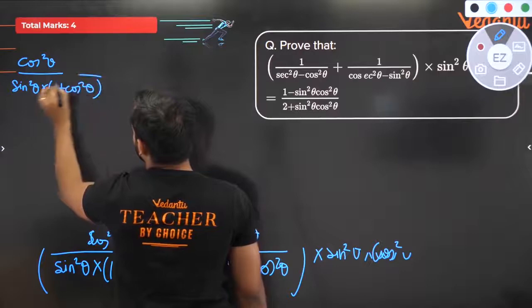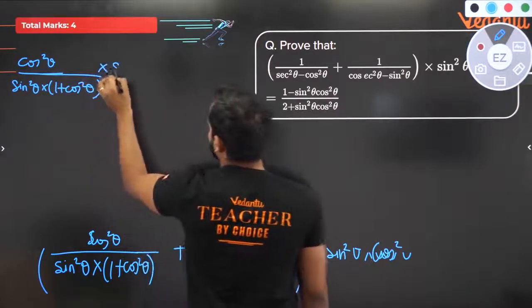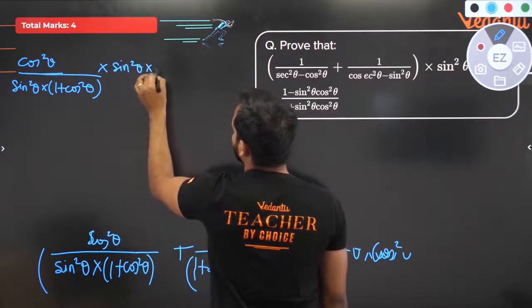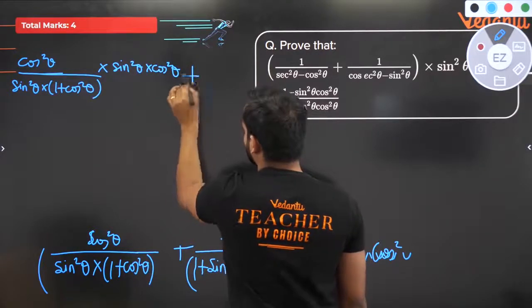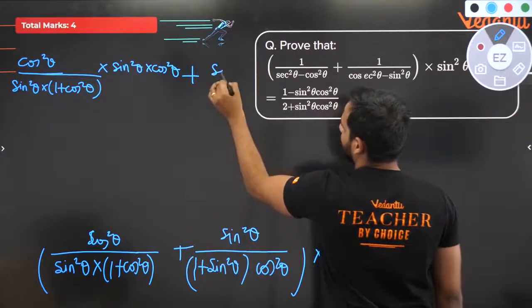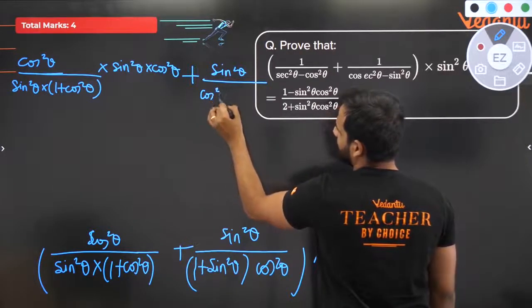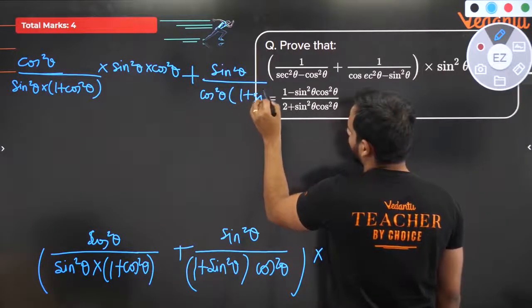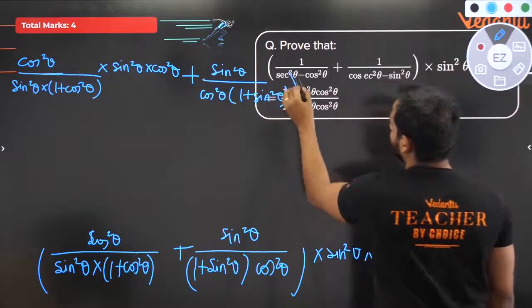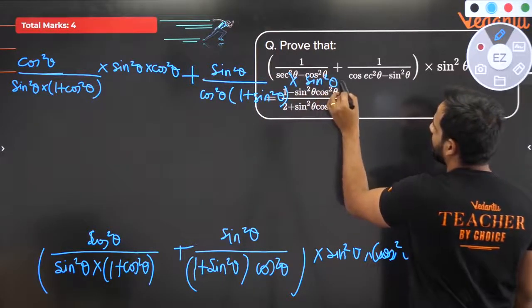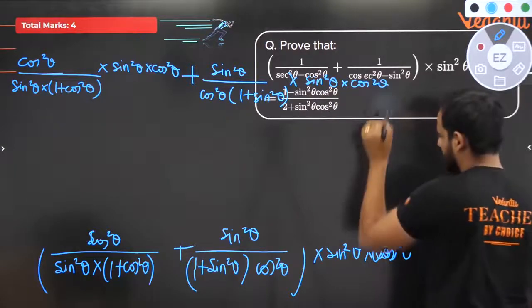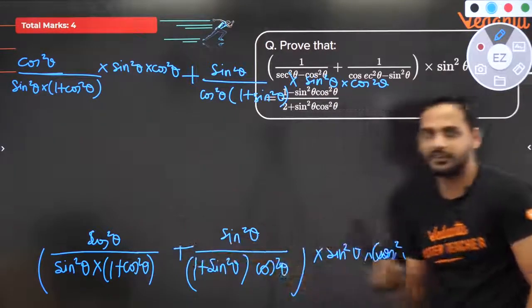This part will be multiplied with sin square theta into cos square theta, plus this part also, sin square theta upon cos square theta into 1 plus sin square theta, will also be multiplied with sin square theta into cos square theta, because of the distributive property, this will be multiplied to both the terms inside the bracket.